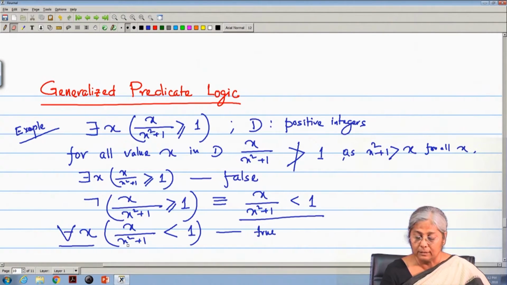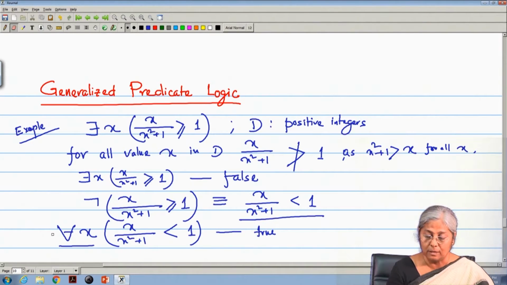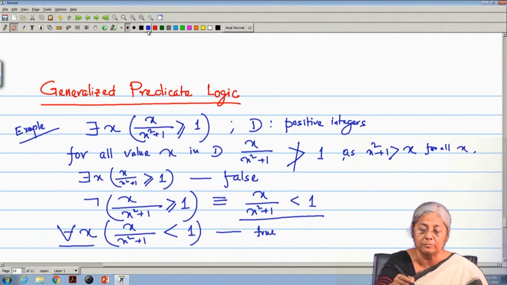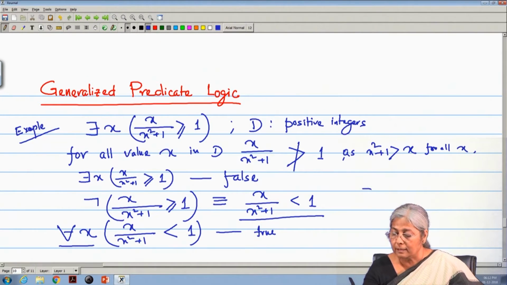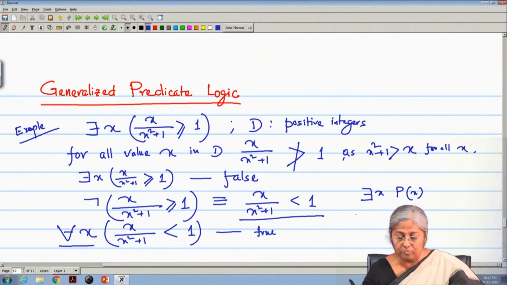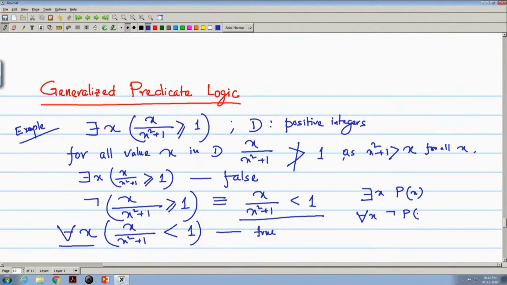Now, see that this is nothing but the negation of the statement we gave earlier, there exists x p x, and here we have taken for all x negation p x.